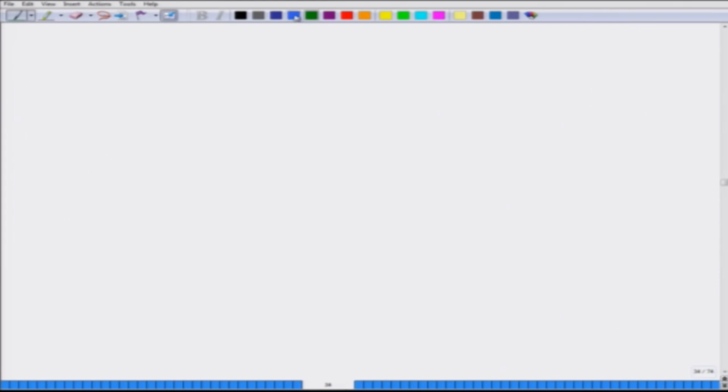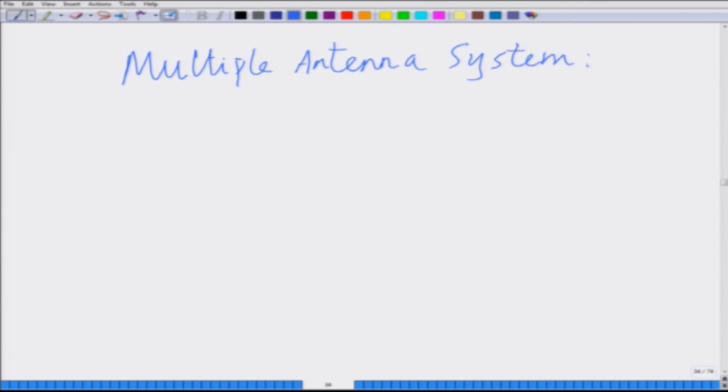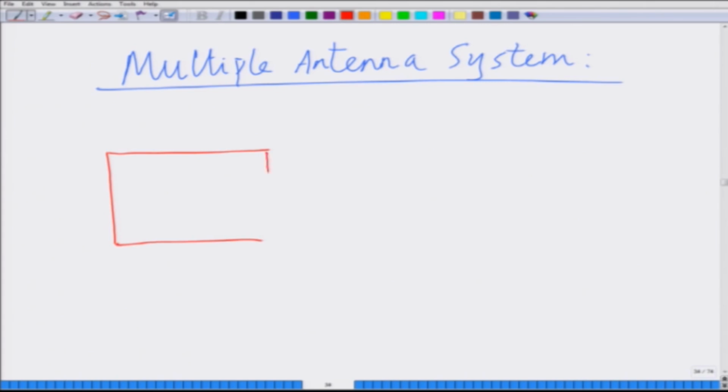What we want to start analyzing today is a multiple antenna system. I would like to consider a transmitter, as we had seen before, and a receiver.